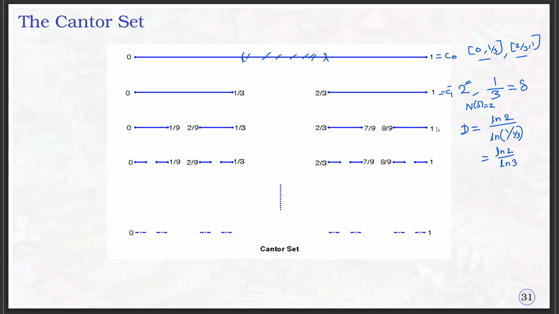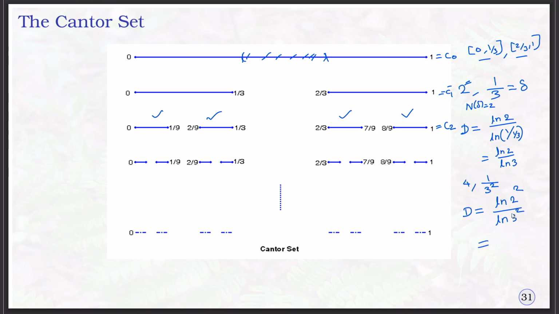In the second iteration, C2, if you apply the same procedure, it has 4 intervals of length (1/3) power 2. So the fractal dimension is ln 2 power 2 over ln 3 power 2.